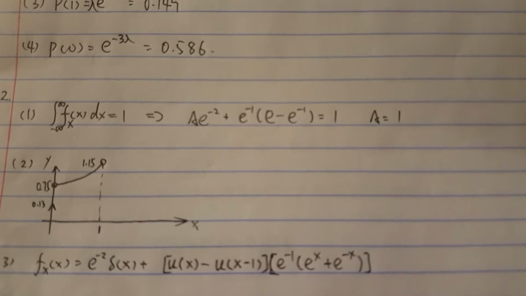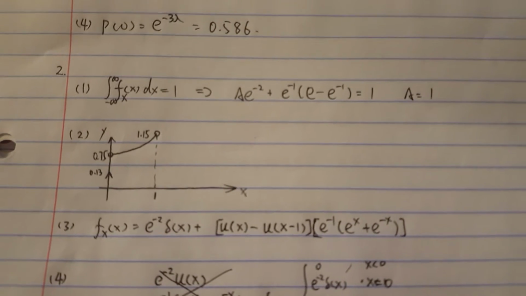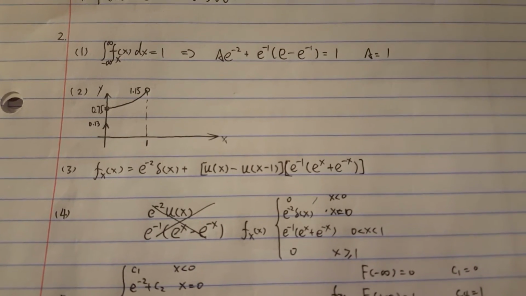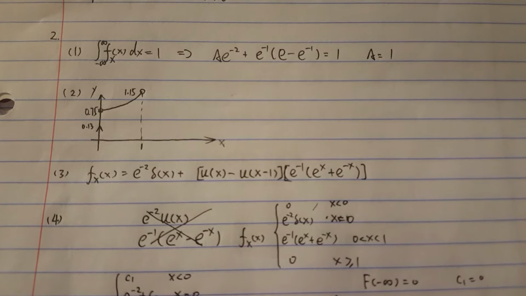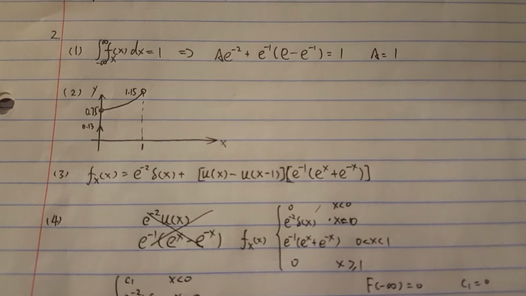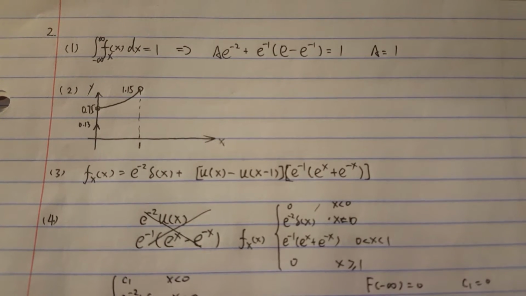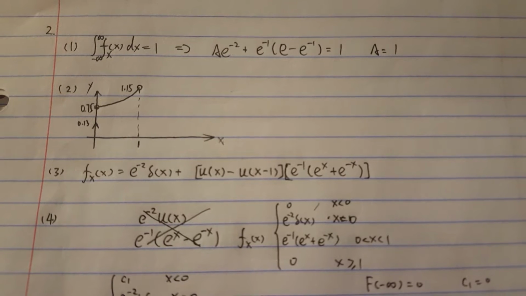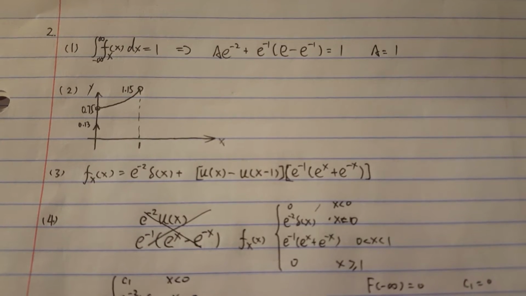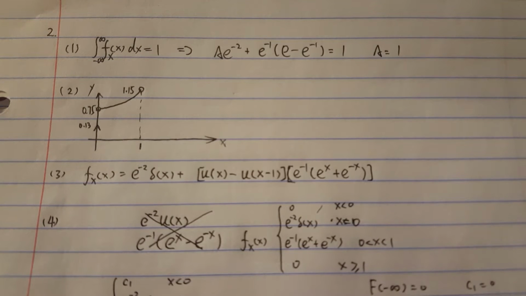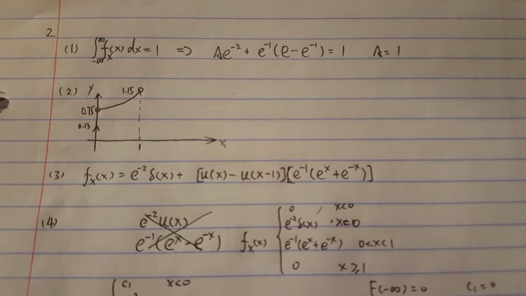Then we need to sketch f(x), which is given in the following question 4. When x equals 0, f(x) is equal to e^2 minus 2, which is about 0.13.